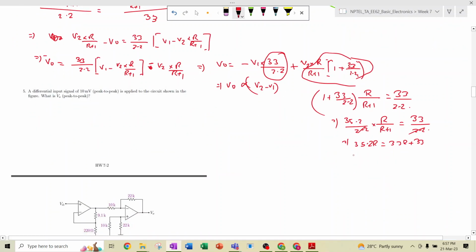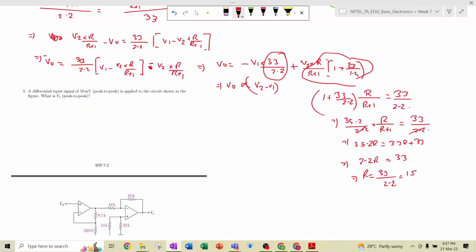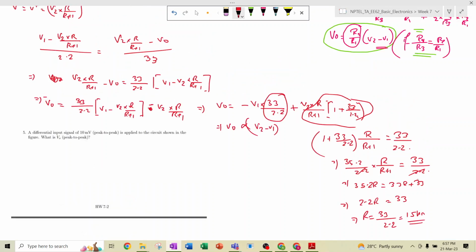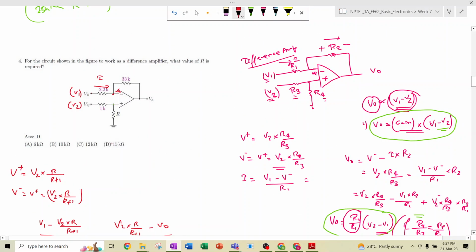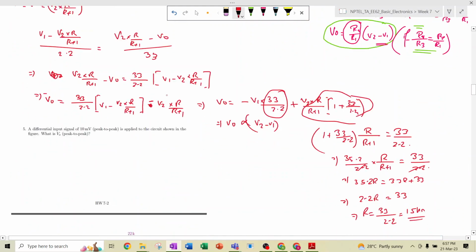So basically we get 2.2 R equal to 33. So R is 33 divided by 2.2, which is 15. So 15 kilo ohm. The value of R2 will be 15 kilo ohm, for which we get this as a difference amplifier.